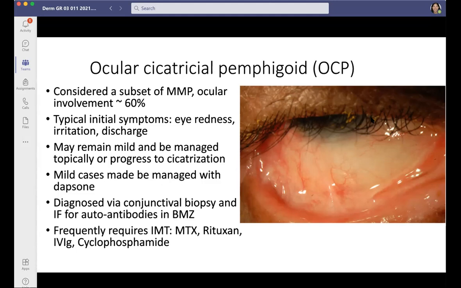We often would find them to be positive using our enhanced technique, but also we often end up treating the patients presumptively because pathology is not 100%, and there's not a whole lot else that's going to look like this, assuming the patient hasn't had some type of caustic chemical exposure or environmental exposure.